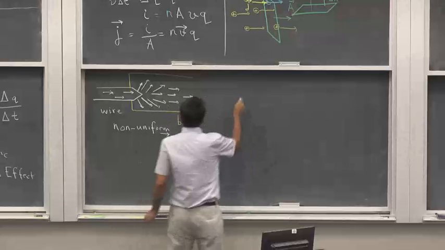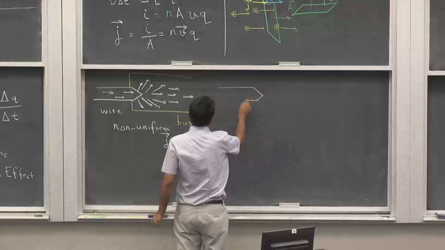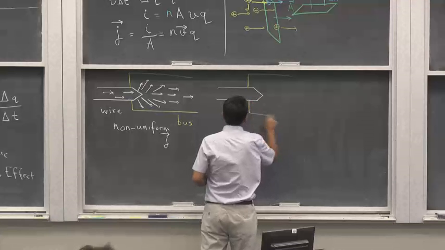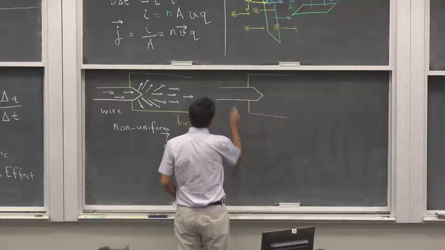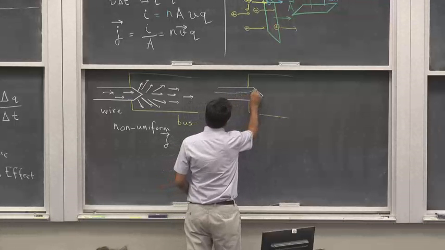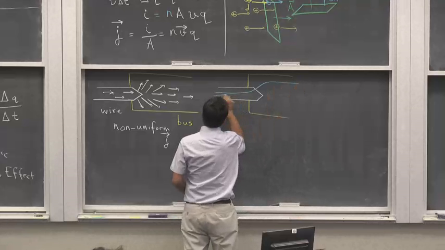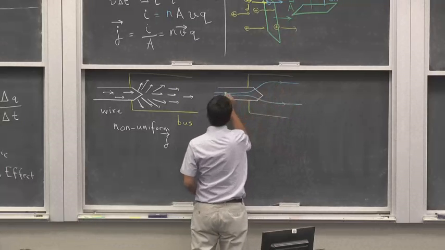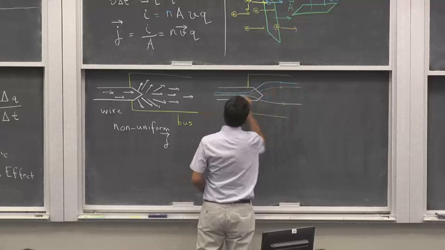So if I were to draw a streamline for the current density that represents this scenario, then essentially my charges are flowing like this, then they flow outwards, and then they go inside the bus like this. So these are my streamlines. This is how charges are flowing.